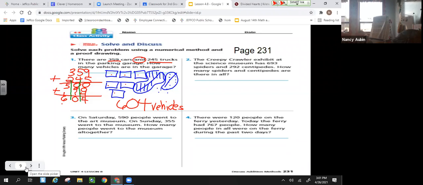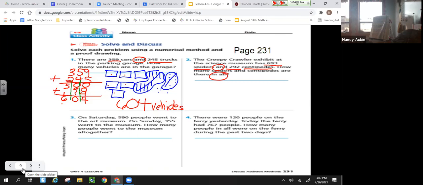All right, let's do another one together and then I'm gonna let you do the next 2 on your own. The creepy crawler exhibit at the Science Museum has 693 spiders and 292 centipedes. How many spiders and centipedes are there in all? Those keywords are telling me to do what, Lucas?